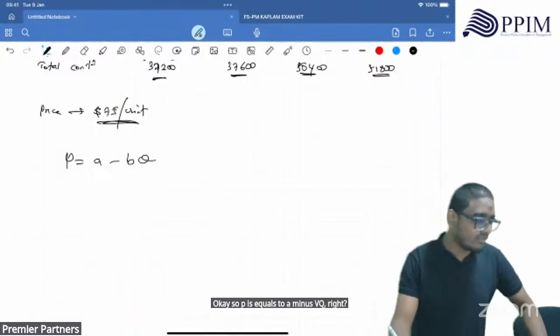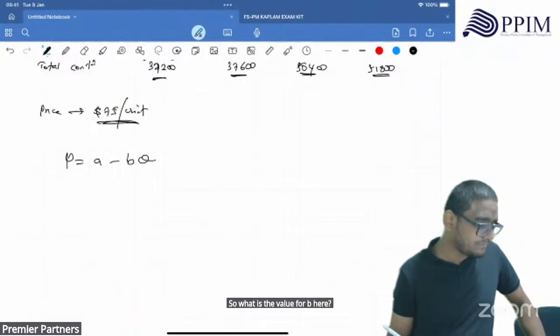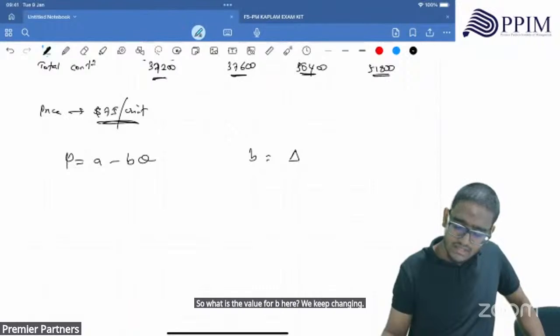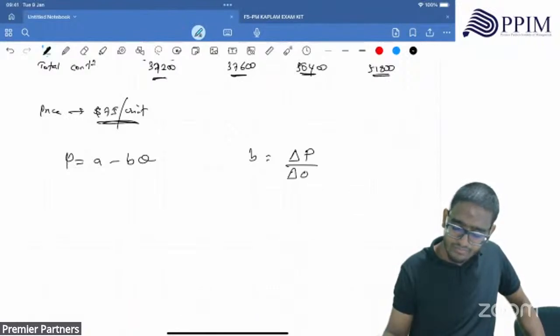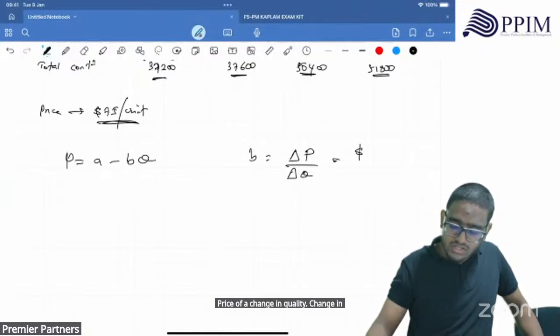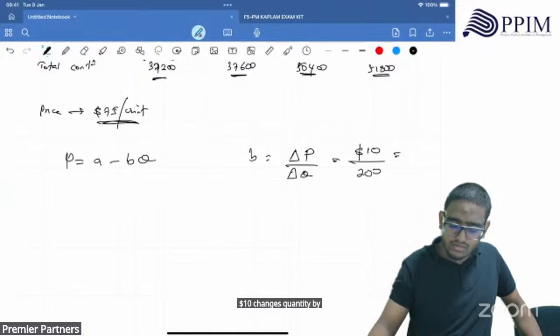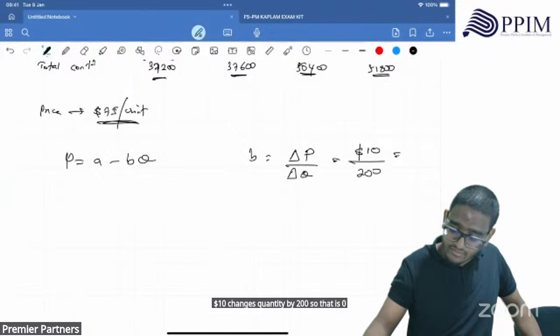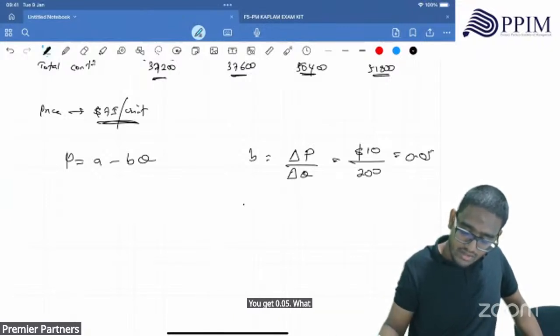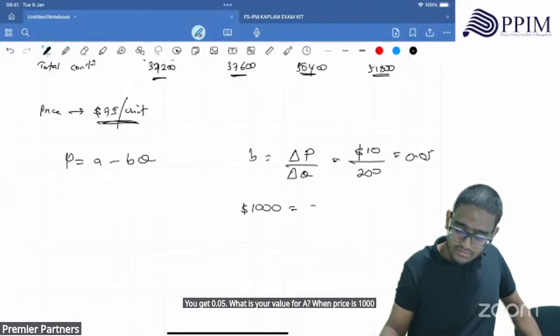So what is the value for B here? B is the change in price over change in quantity. Change in price is how much? $10 changes quantity by 200. So that is 0.05. What is your value for A?